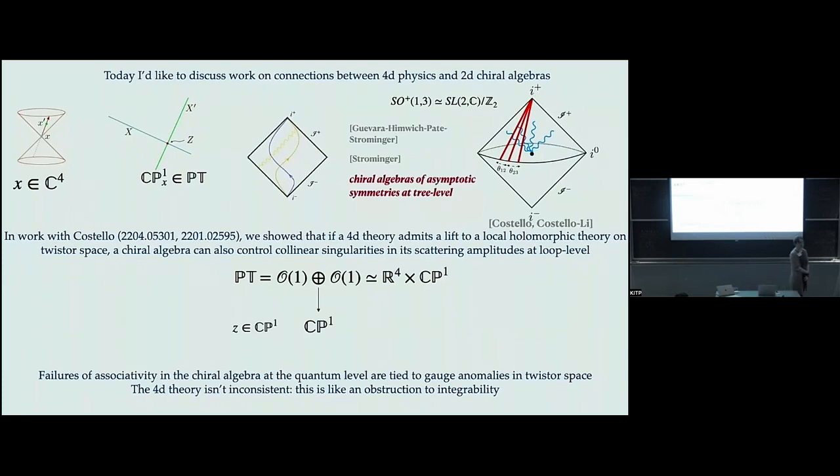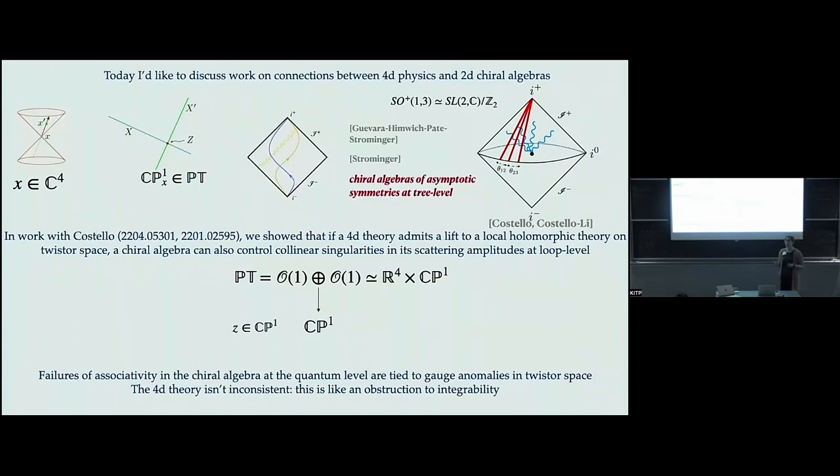If we map that back to four-dimensional physics, we're saying something about the analytic structure of scattering amplitudes. The limited pole structure that you might expect in an ordinary garden variety chiral algebra, when it maps back to four-dimensional physics, only captures a very special subset of analytic structure.